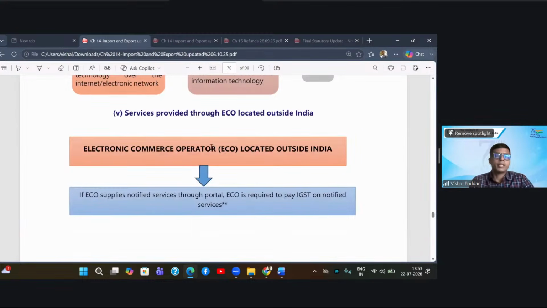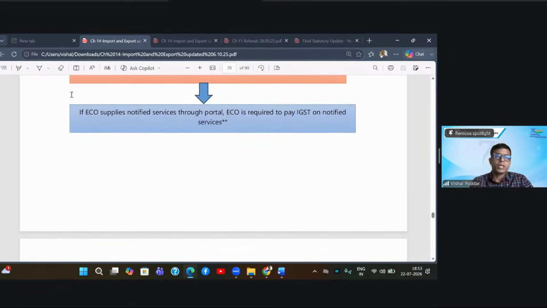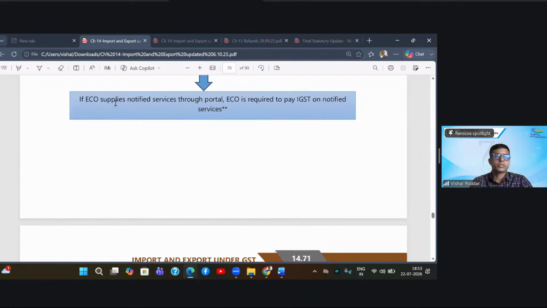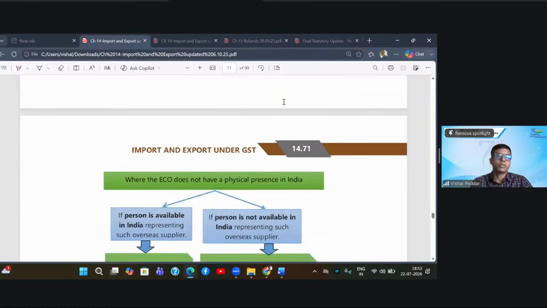Now coming to the next category, services provided through an ECO who is located outside. Where the ECO is located outside India and supplies notified services, which are notified in 5.5, through its portal, that is its app, the ECO is required to pay IGST on these services.